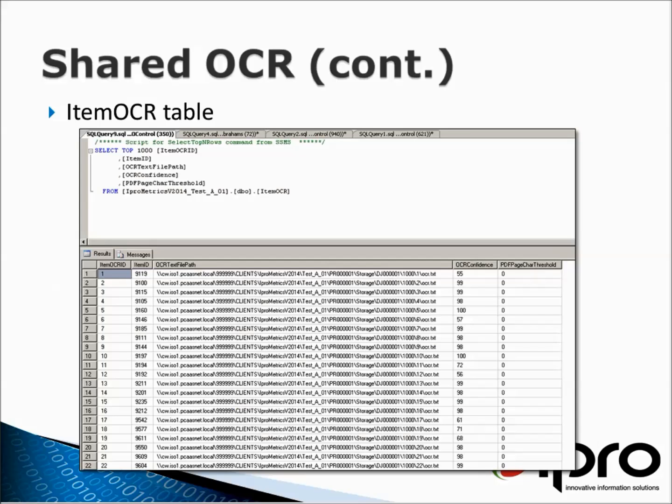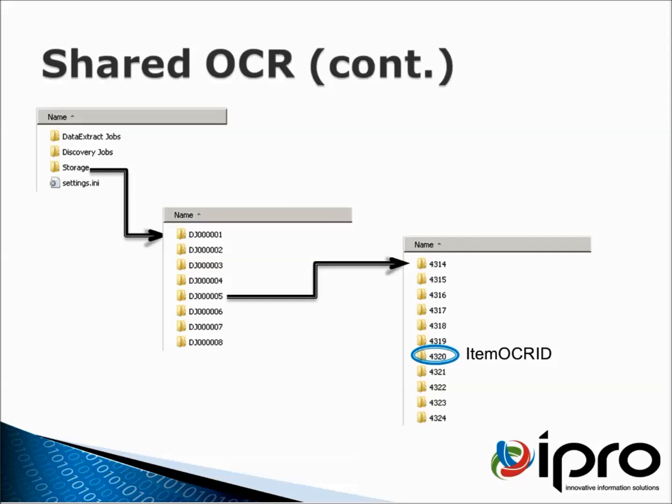As a result of our OCR changes, now that we're sharing OCR from an indexing event all the way through a data extract type of event for native review, we've added a new table now, an item OCR table for tracking and auditing and other purposes as well, linking, pathing. There is a new change on the back end as a result of this shared OCR option. Another change on the back end, to get into some of the back end sides of things, we have changed and enhanced our back end structure a bit.